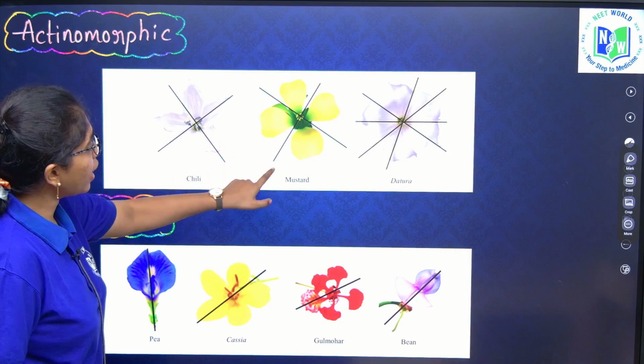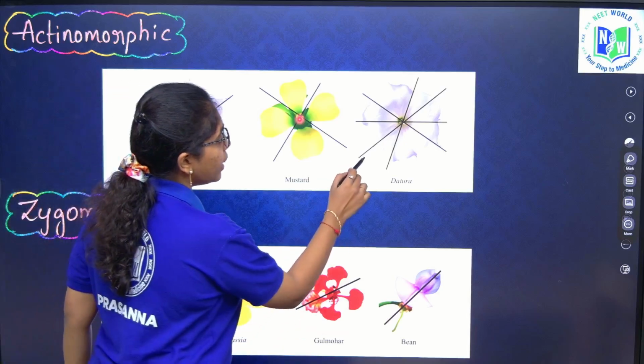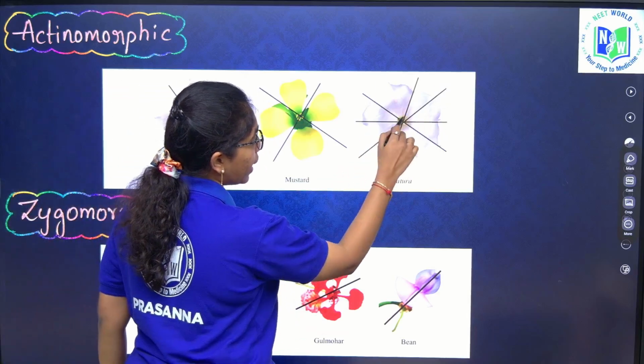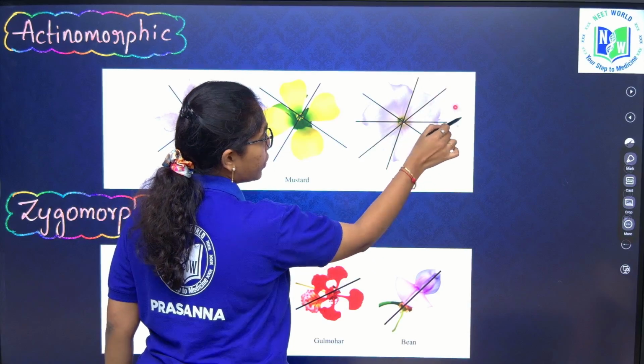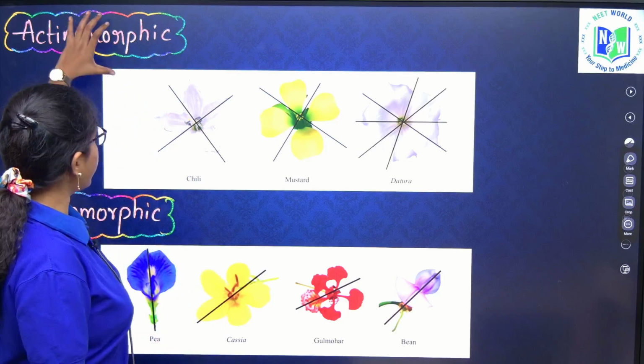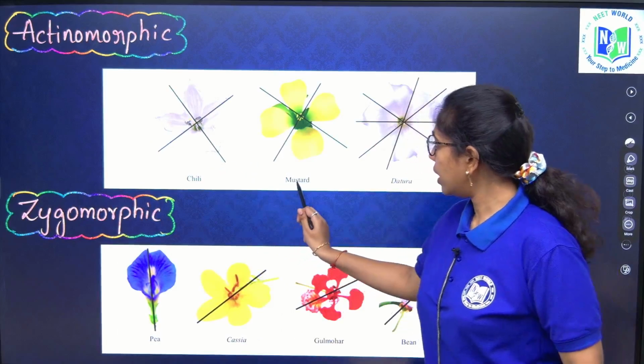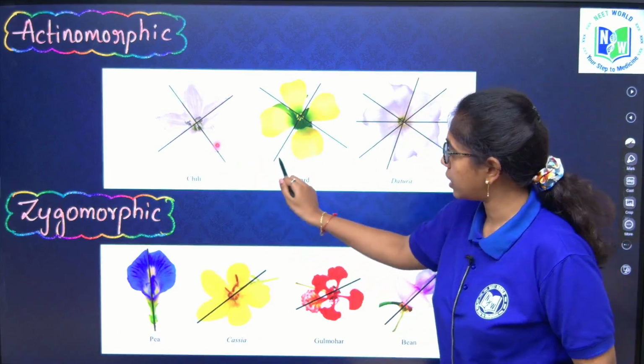Here also by two planes you can divide the flower into two equal parts. Here in datura, by three planes you can divide the flower into two equal parts. So under actinomorphic, what examples have you learnt? Chili, mustard and datura.